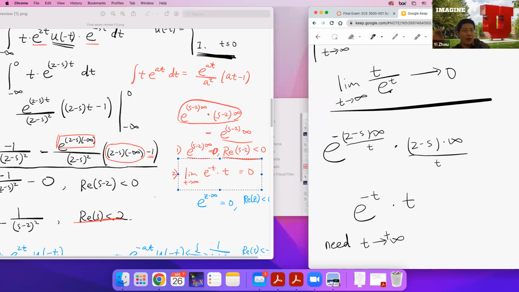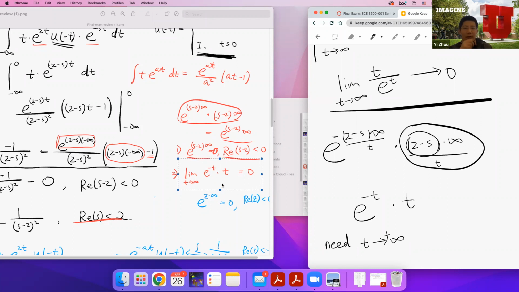But if t goes to negative infinity, this term will diverge, because the denominator converges to 0 and the numerator goes to negative infinity. So the only way to make this term converge is to make t go to positive infinity, and for that, this coefficient must be positive.